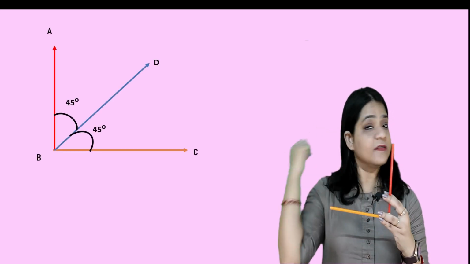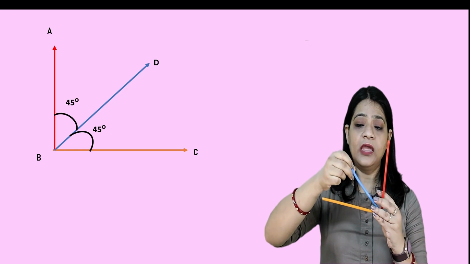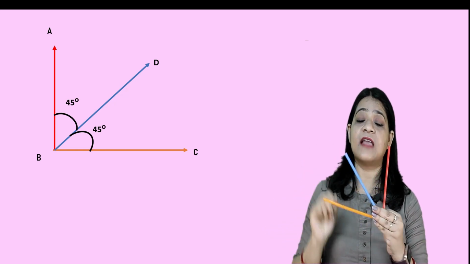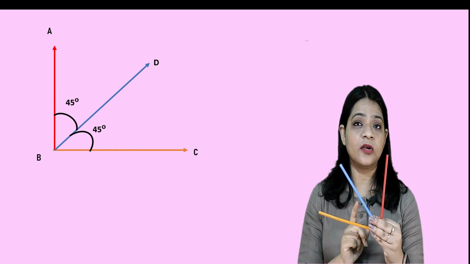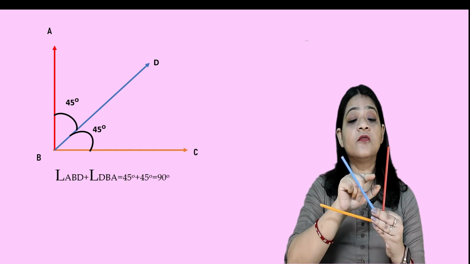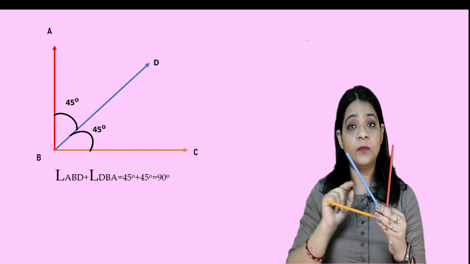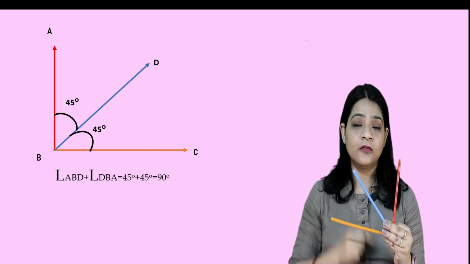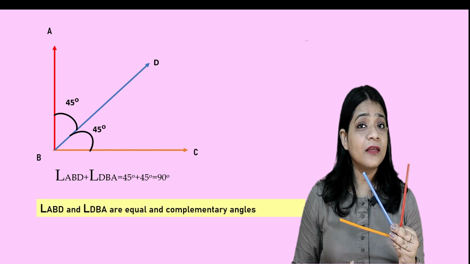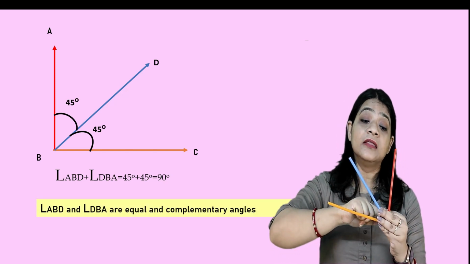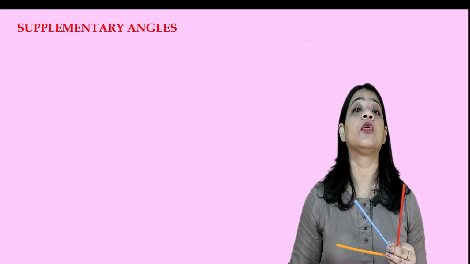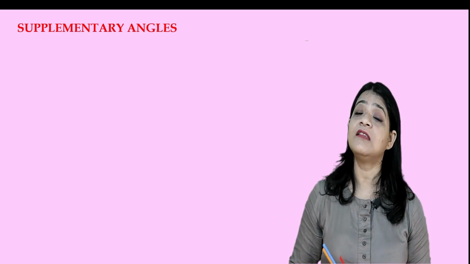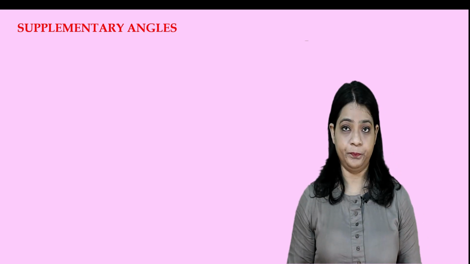Now if this is 90 degrees and we bisect it into two equal parts, what will be the measurement of the two angles? Yes, 45 degrees and 45 degrees. Both these two are complementary angles, and the line that divides this right angle into two equal parts we call the angle bisector.